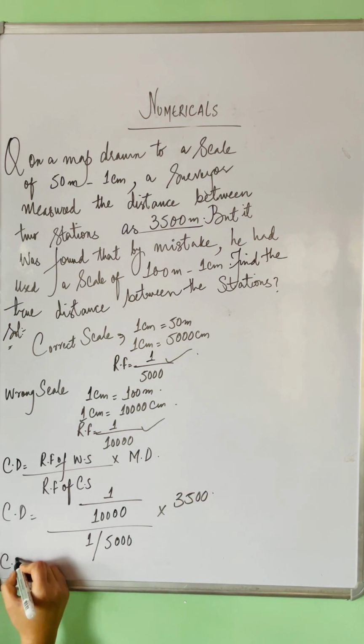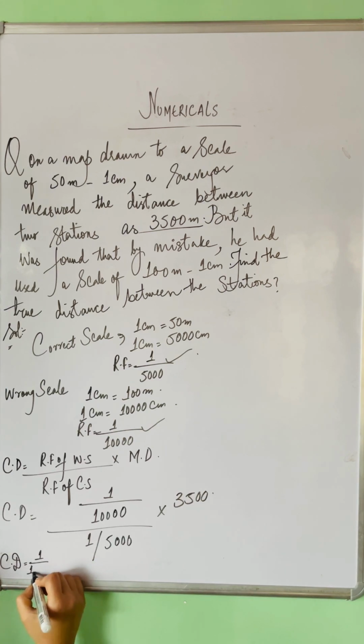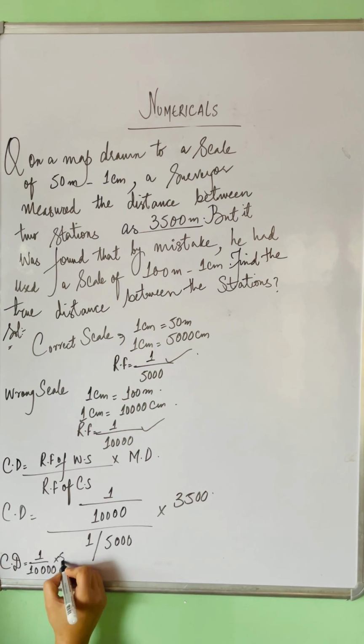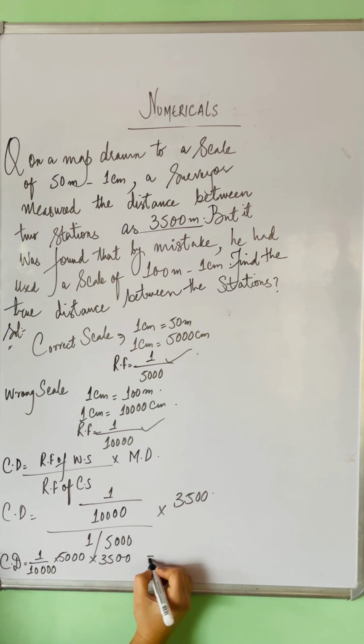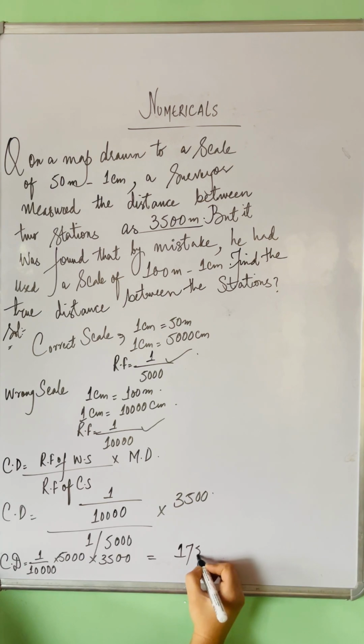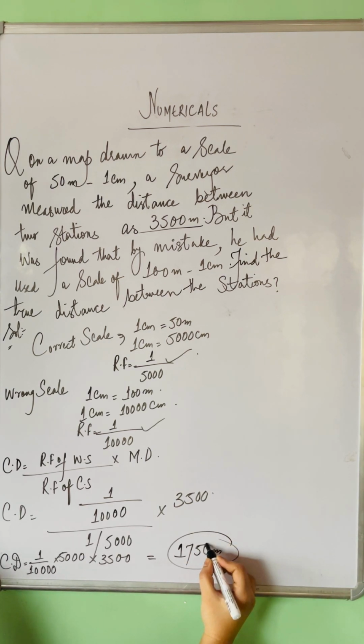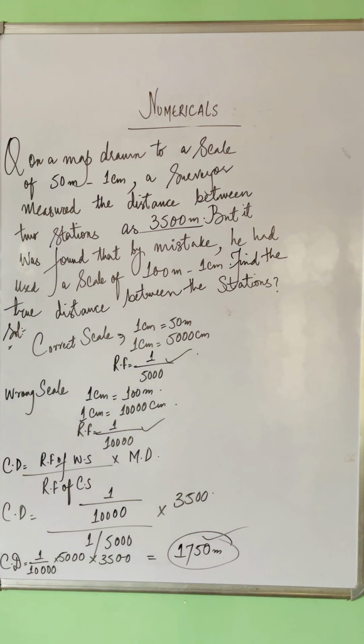So the correct distance will be, by calculations, equivalent to 1750 meters. So the correct distance between the two stations as measured by the surveyor is 1750 meters. Right? So this was another question dealing with wrong scales. Let's move on and do the next one.